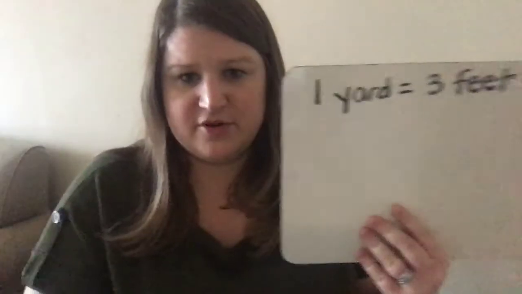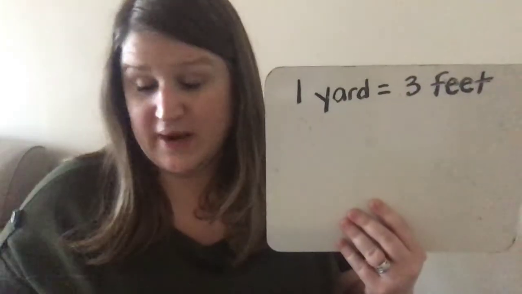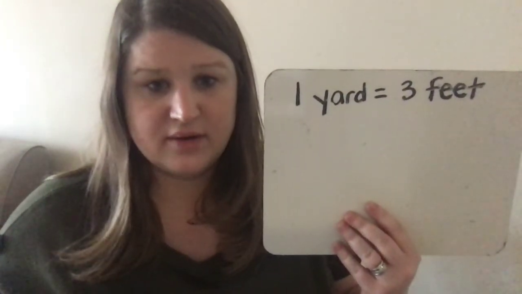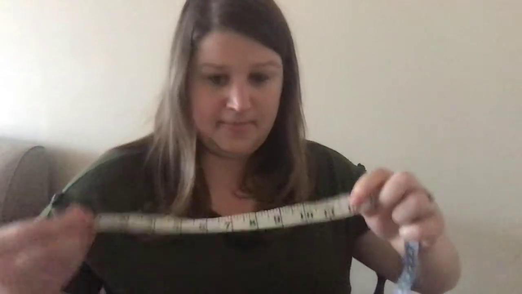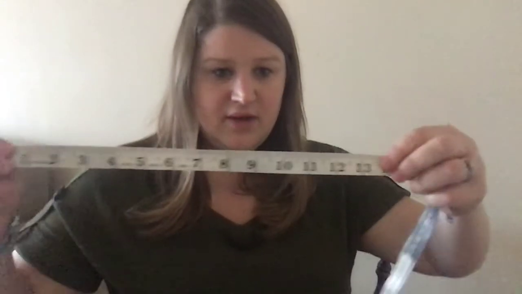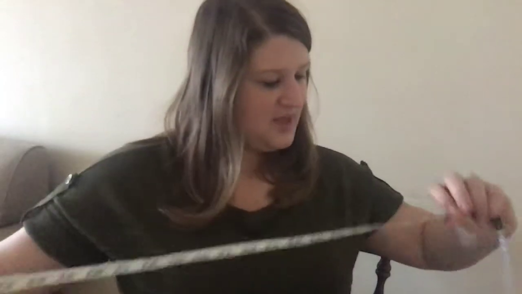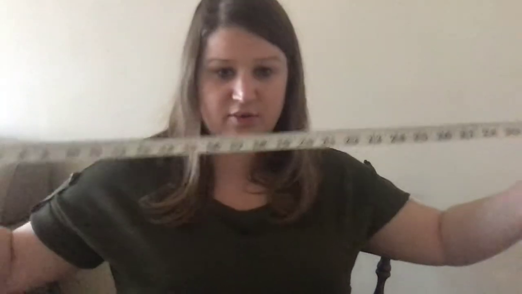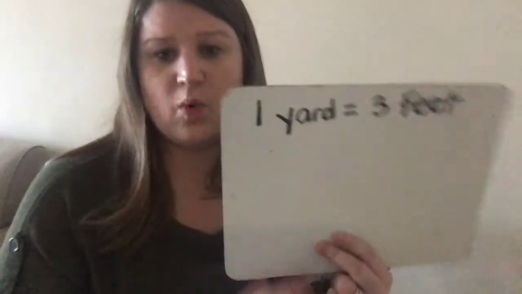So I'm going to use this whiteboard to show you. We already said that 1 yard equals 3 feet. And with my tape measure, I showed you that before. This is a foot. And then if I add another 12, that's a foot. And I'm going to go off the screen here. And if I add another one, that's going to be 3 feet, which is 1 yard.